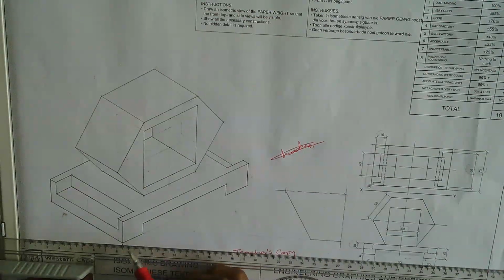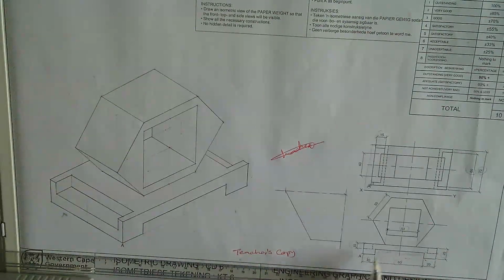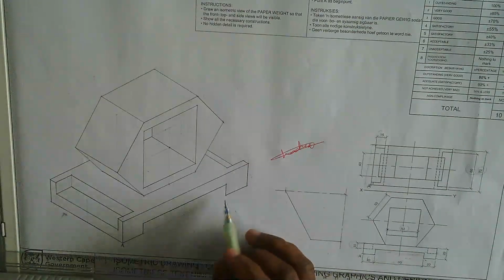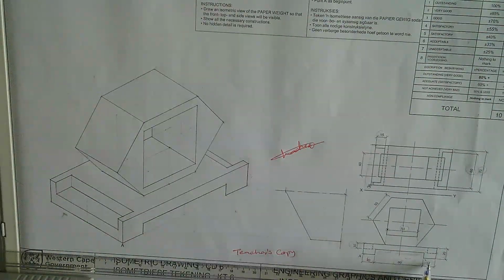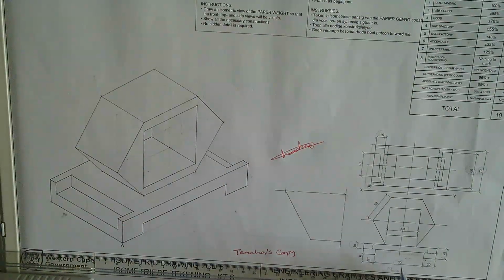Remember we said from the point A here to here, that is 20. Then from this 20 to go join here, that is 80. From here to another 20. The one you see from here is from here to up there, that is 120.